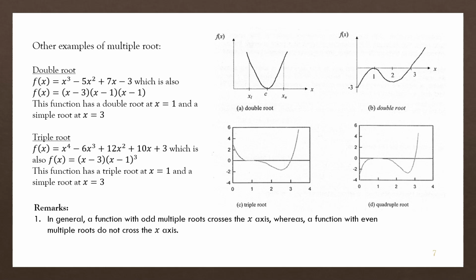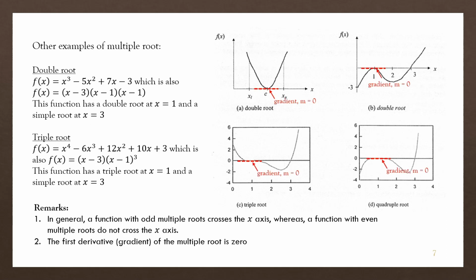So you can say that for the odd multiple roots, the curve crosses the x-axis. Whereas a function with even multiple roots, like in figure A, B, and D, the curve does not cross the x-axis.